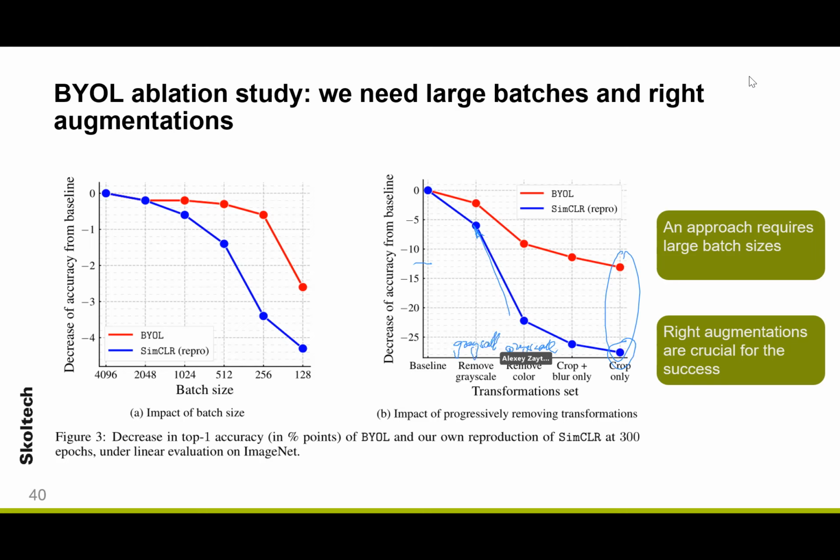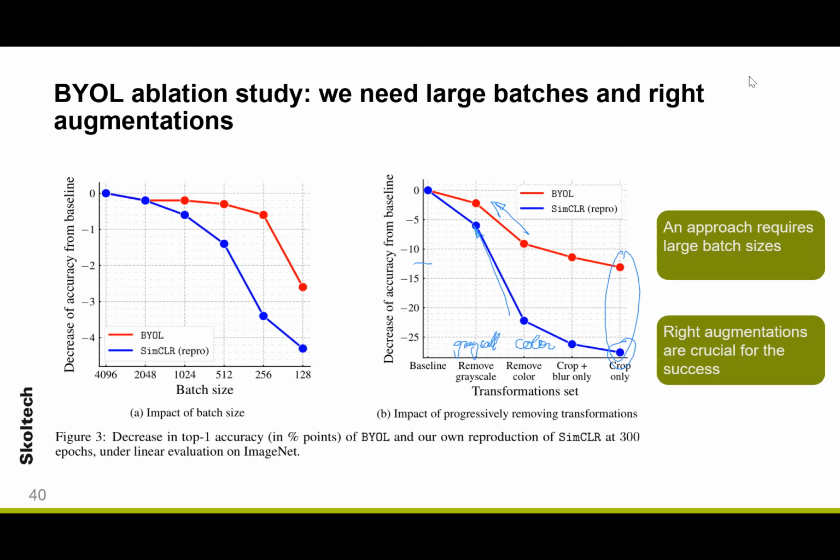Sorry, it's not grayscale here, it's color. It is the color distortion of the images for some reason. Maybe it's because it's very important to keep the information about colors when we are talking about SimCLR. It's also important for BYOL, and this increase in performance is also quite important.